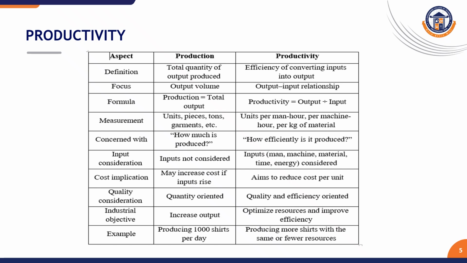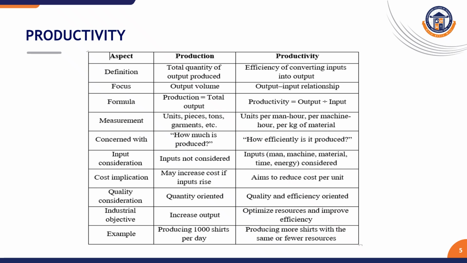Then quality consideration. Production is quality oriented, productivity is quality and efficiency oriented. Quality is one eye, efficiency is the second eye. Then industrial objective: in production, increase output; in productivity, optimize resources and improve efficiency. So that is what productivity is about.